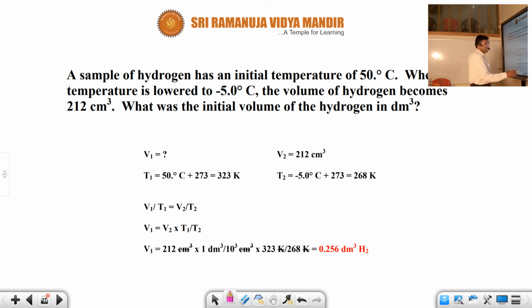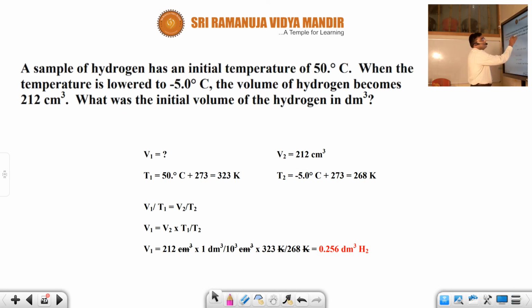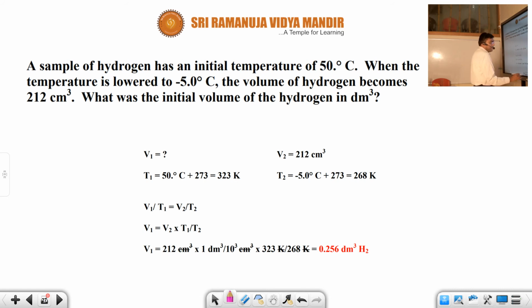Now let us see a couple of examples. So how Charles' law has been depicted. Here a sample of hydrogen has an initial temperature of 50 degrees centigrade. So temperature is equal to 50 plus 273, because small t plus 273, as I already conveyed to you. Small t is in degrees centigrade. Already we have discussed it.